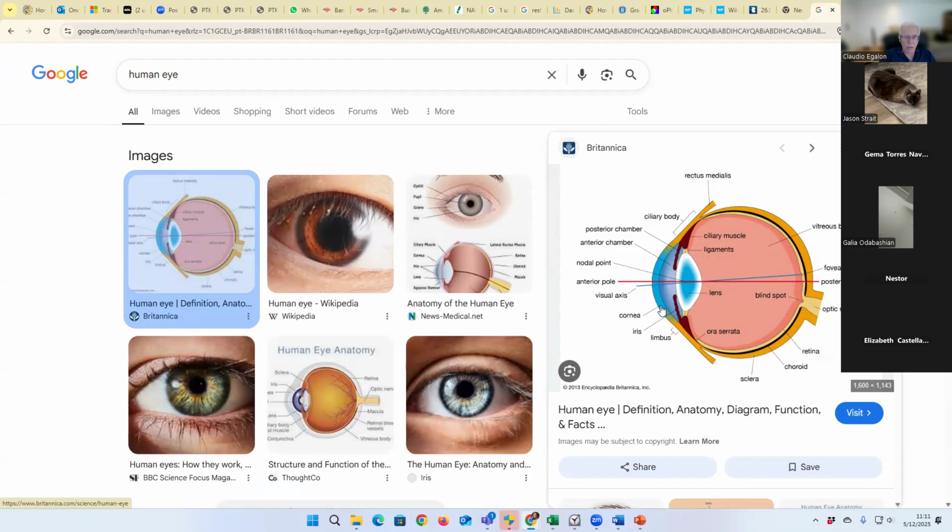And the cornea is this bluish layer in front of the eye. We also have the vitreous body that provides some of the refraction of the image, but most of it comes from the lens. So the cornea, the vitreous body, and the lens.